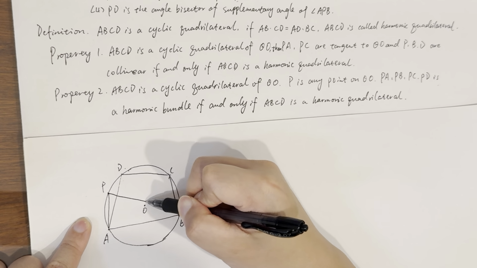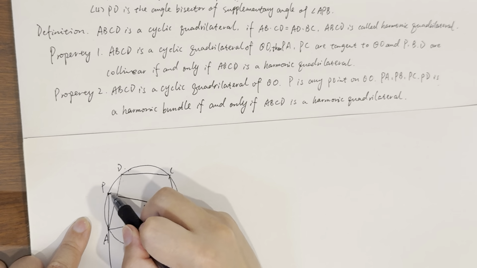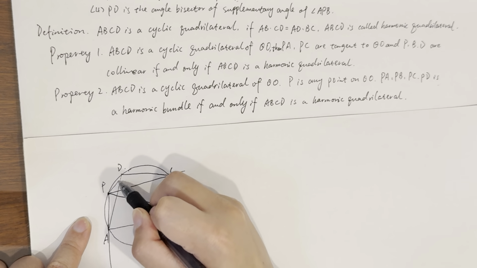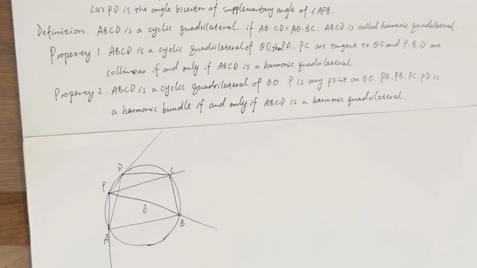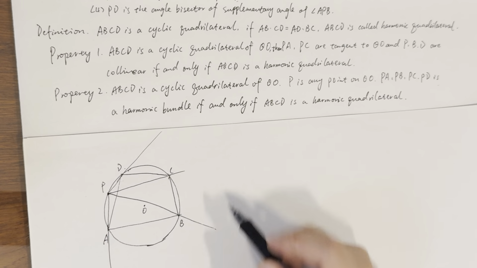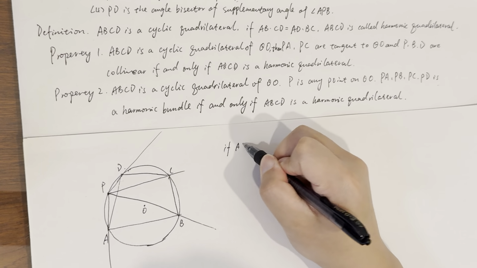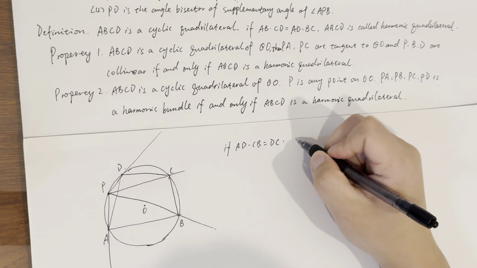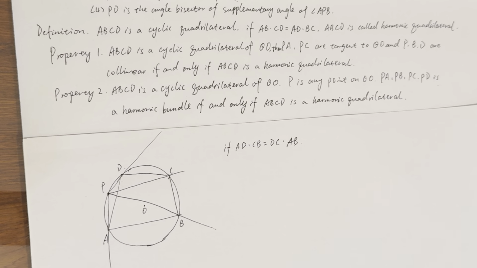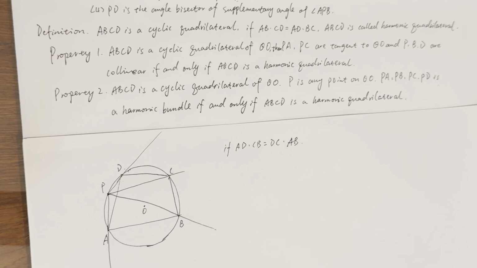We connect PA, PB, PC, and PD. So we want to prove that if AD times CB equals DC times AB, then PA, PB, PC, PD is a harmonic bundle.